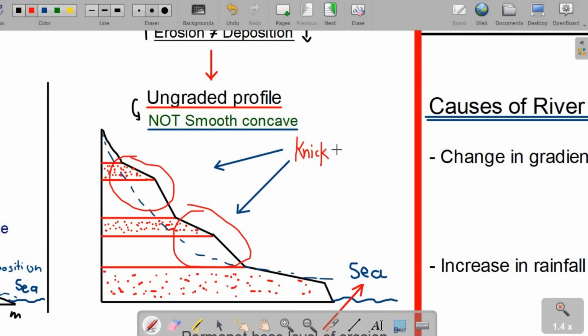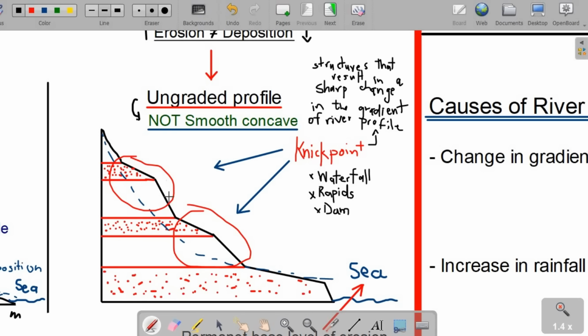These are the sharp changes or structures that result in a sharp change in the gradient along the river profile. So nick points could be, for an example, a waterfall, could be a rapid, could be a dam wall, right? Any structure that presents a sharp change in the gradient of the river profile.